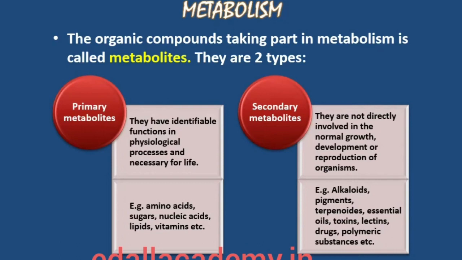So refer to the flow chart. However, when one analyzes plant, fungal and microbial cells, one would see thousands of compounds other than primary metabolites, called secondary metabolites.